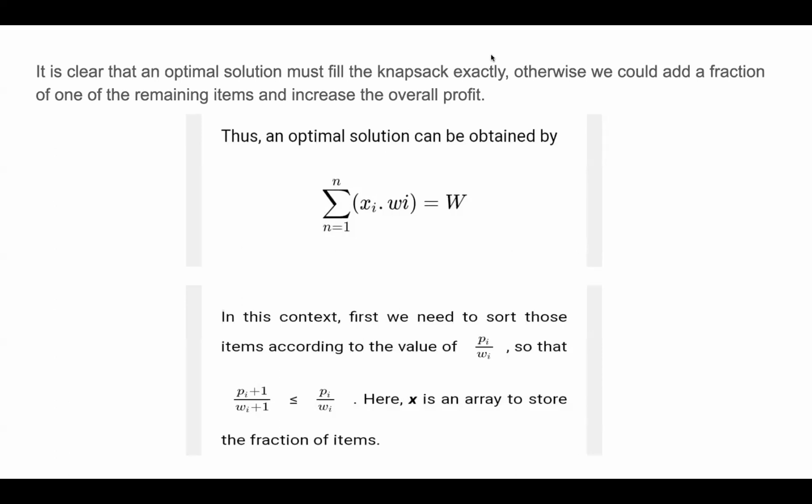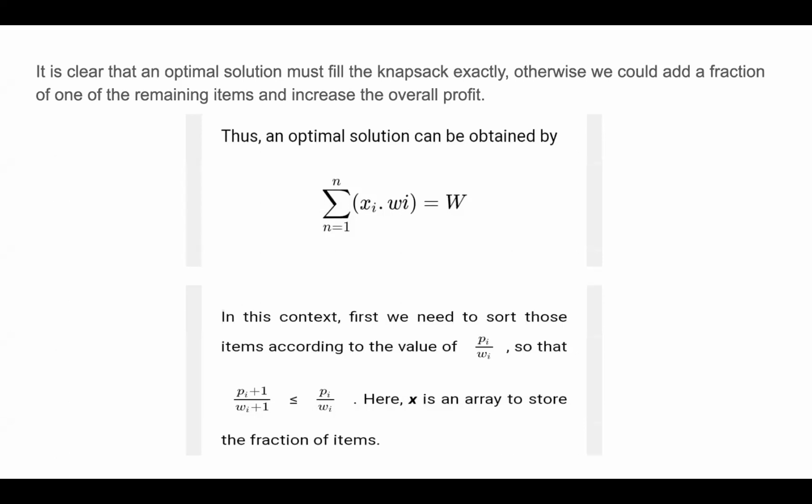Ultimately, what we want is to maximize the profit. If some space is remaining in the knapsack, we will add a fraction of the remaining items so that we will get the maximum or optimal solution.